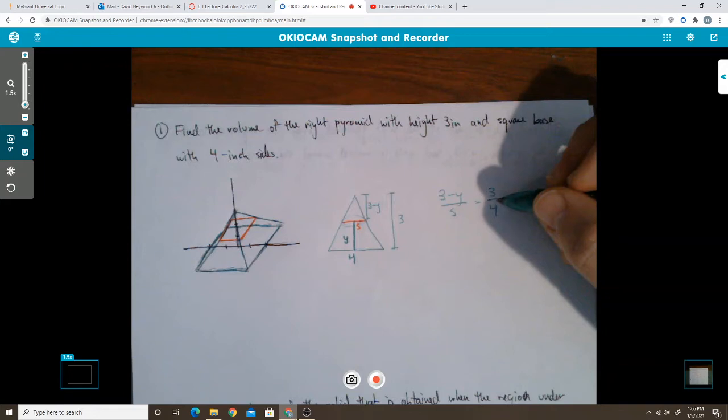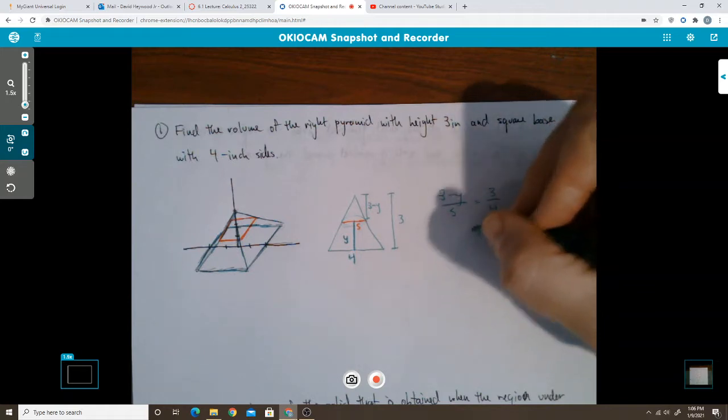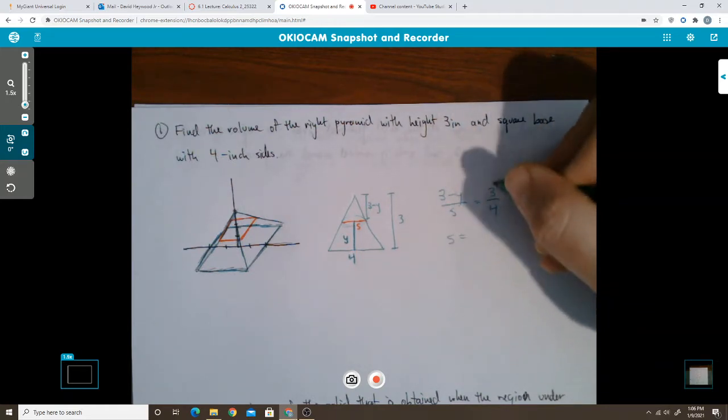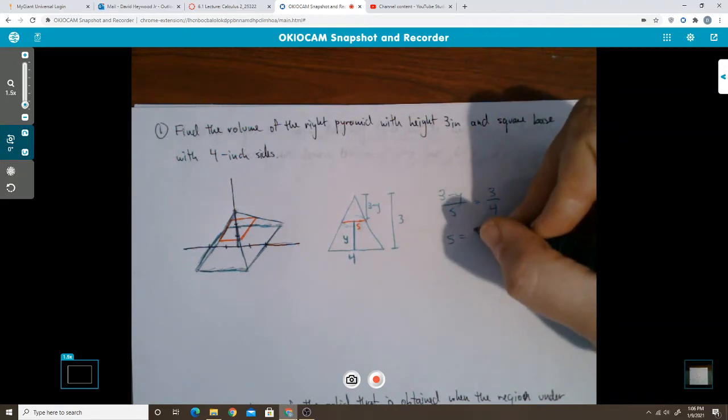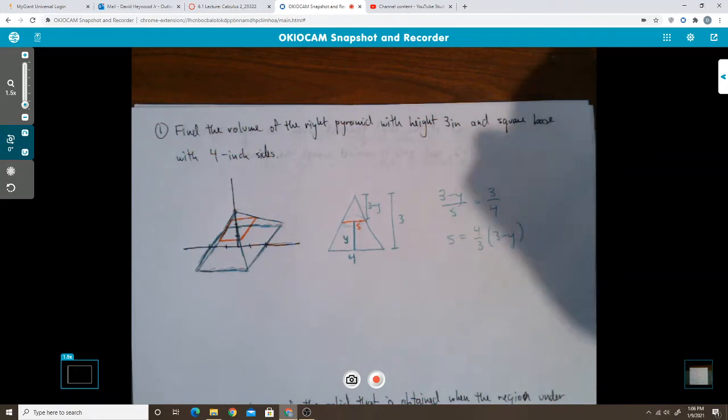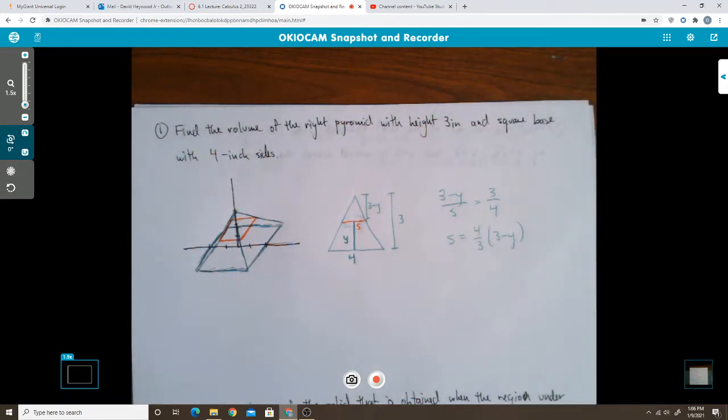If I multiply by S and then multiply by 4/3, I'm going to get S equals 4/3 times 3 minus y. Okay? Very good.